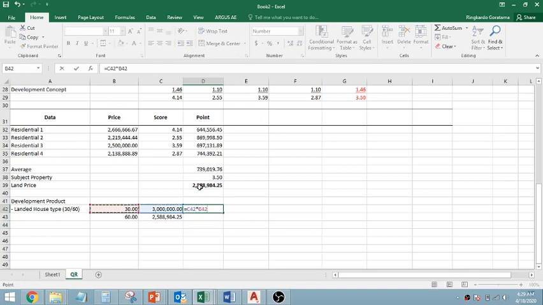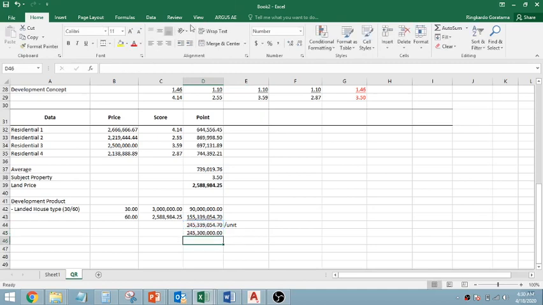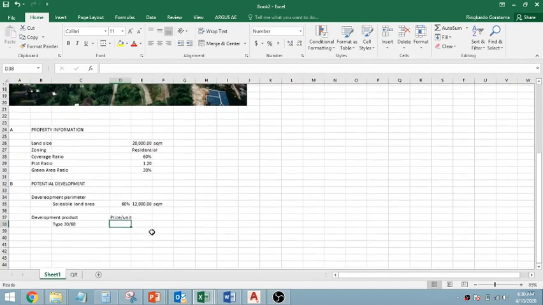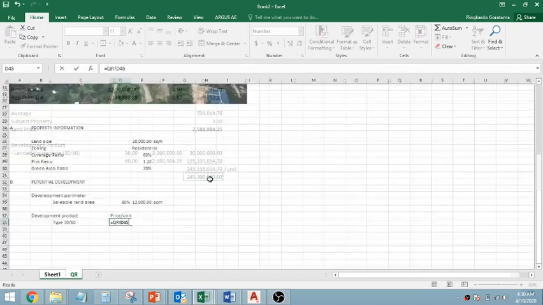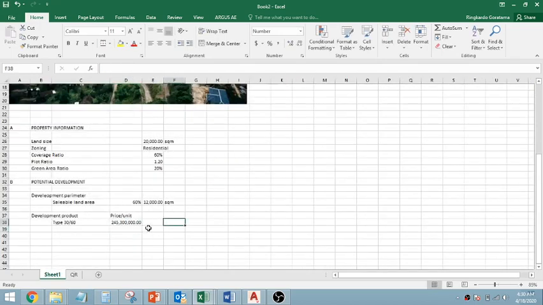So selling price per unit is around 245 million per unit. So it's an affordable housing, or we can just round it to make it easy. Okay, so we insert our analysis to here.